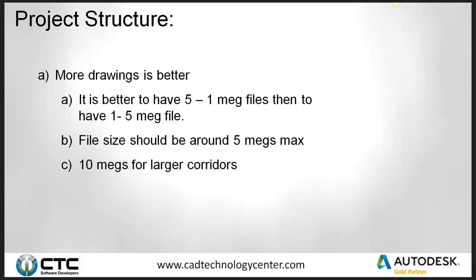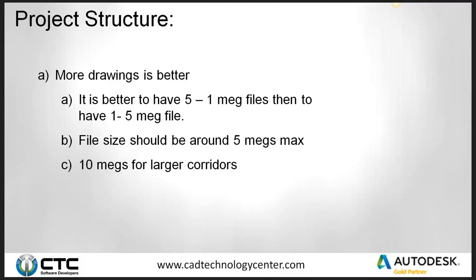We recommend that you try to keep your civil drawings under 5 megs. You can go up to 10 megs if you're looking at a large corridor project. Obviously, breaking up corridors into smaller regions has its limitations, but more drawings, the better.